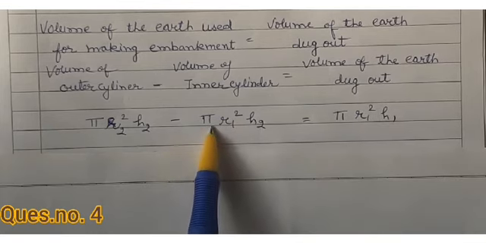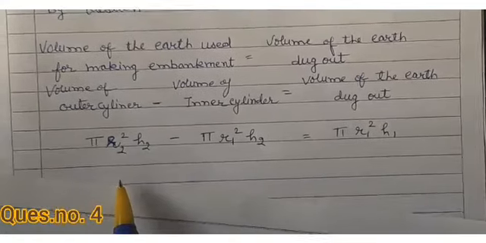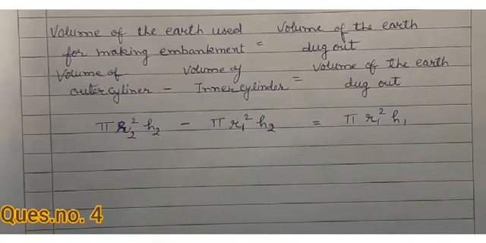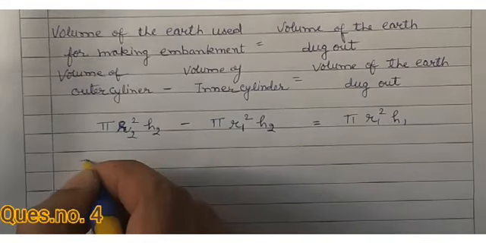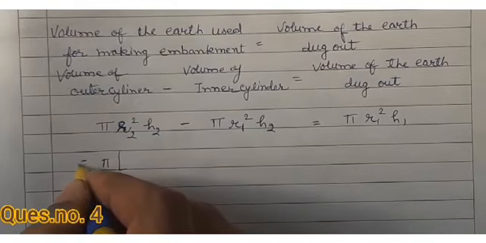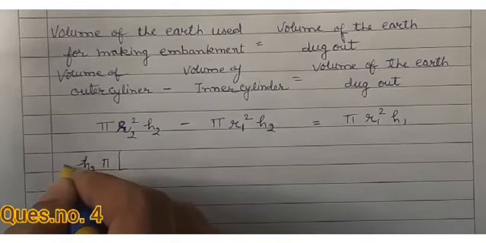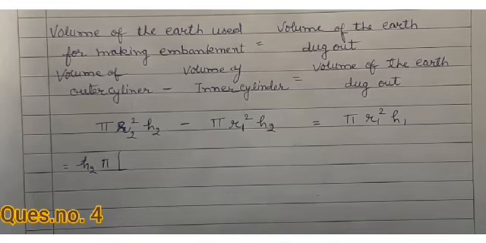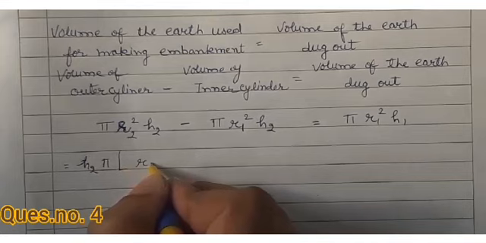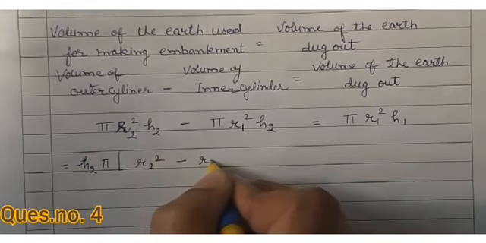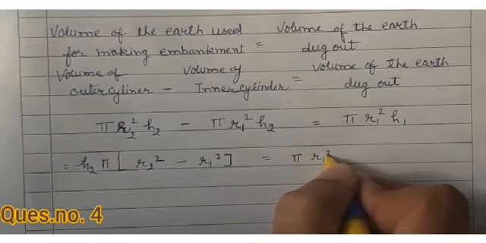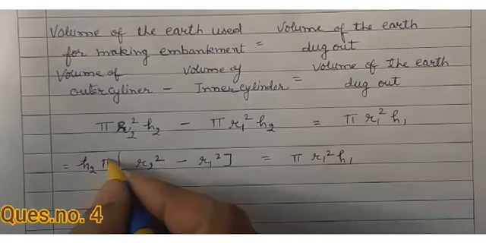Okay, I am taking pi common, and I can take h2 also common. So what is remaining? R2 square minus R1 square, this will be pi R1 square H1.